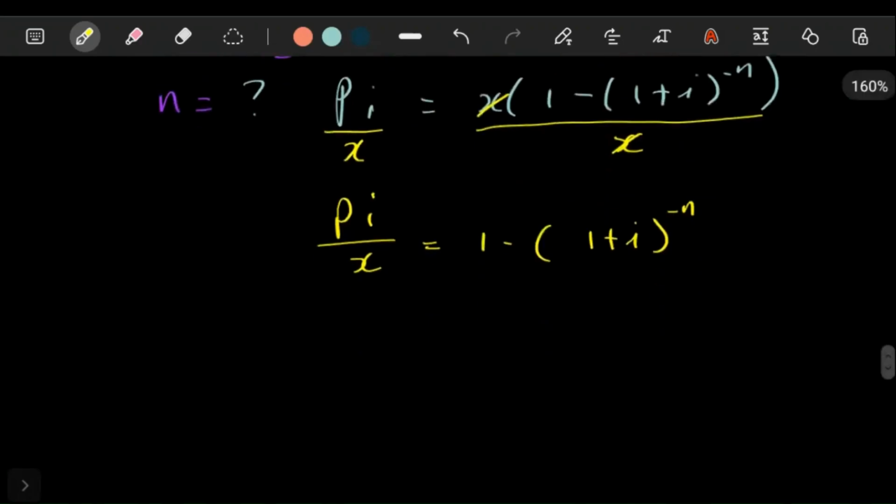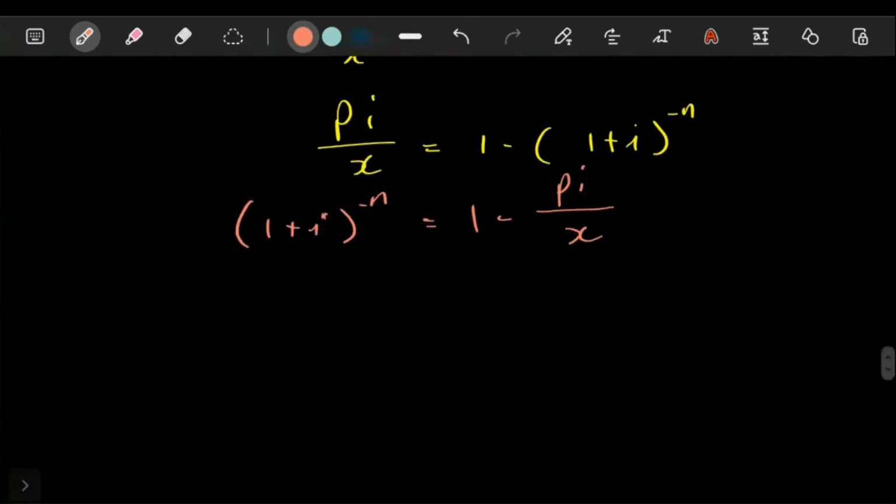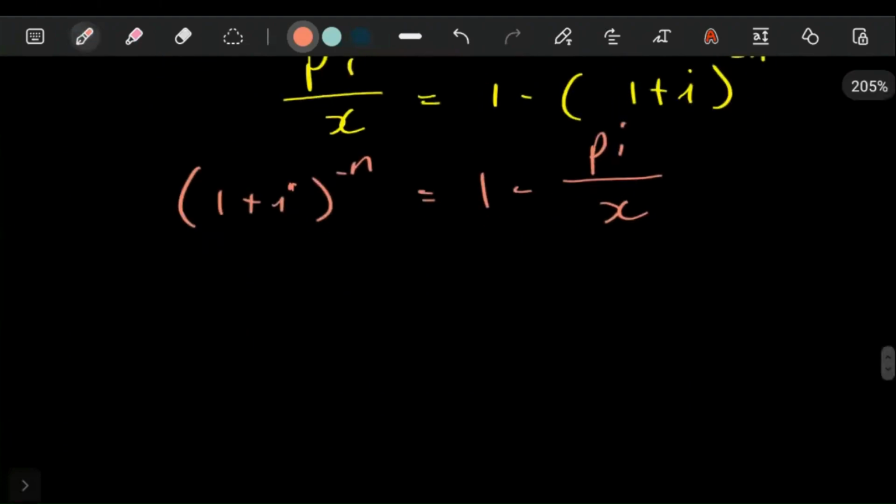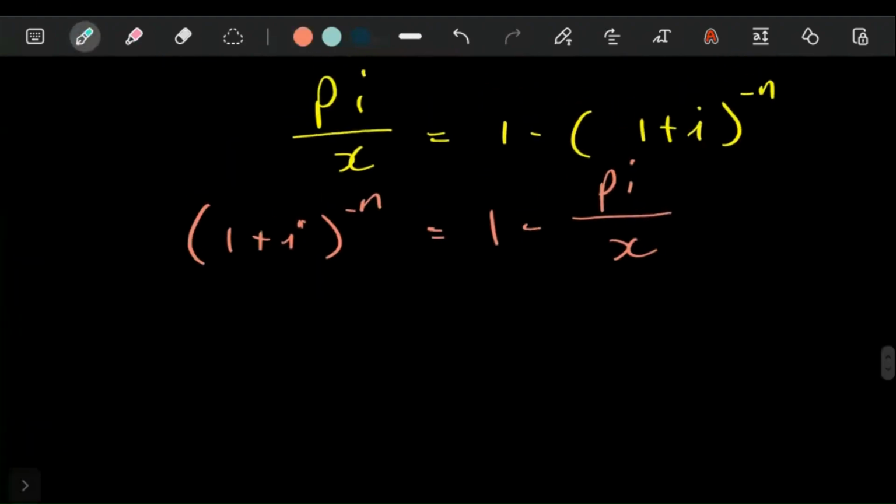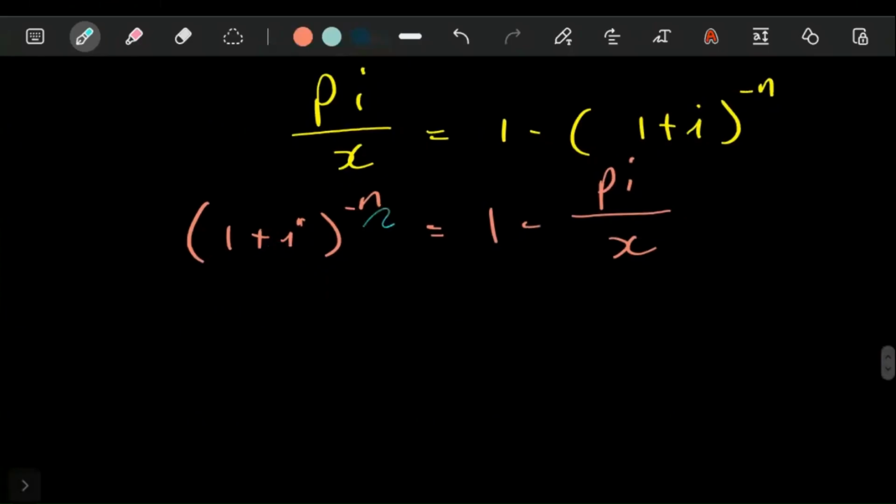So here, what I normally do is, since this is a minus, you can take it to the other side, it becomes a plus. This, you take to the other side, it becomes a minus. You see? And now this is where it gets interesting, because you can use logs now. This is the base, this is the exponent.